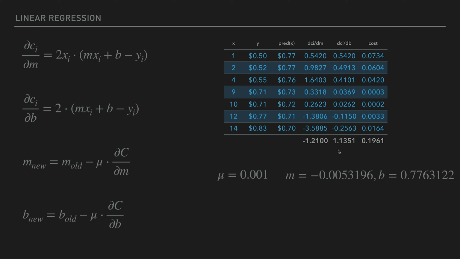What we can see is that these derivatives or slopes are getting closer and closer to 0. But as they get closer to 0, these values update by less, because remember that we're subtracting a fraction of it as per the formula here.